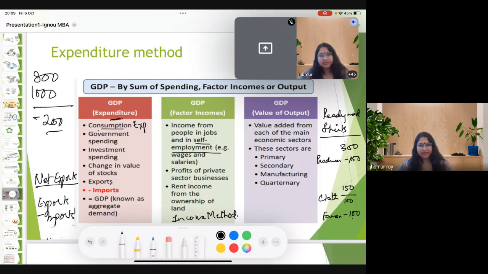Now, what is it that I should total? If you see the income method, how much has the farmer earned? 100 rupees. How much has the cloth merchant earned? 150 rupees. How much has the producer earned? 300 rupees. So what is the national income? 550. Is this correct?